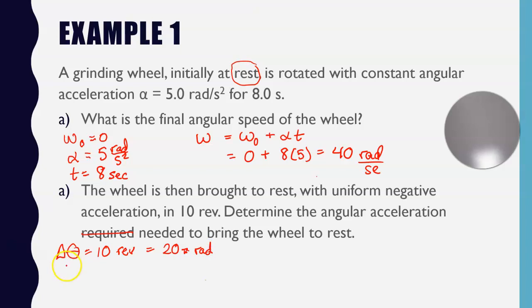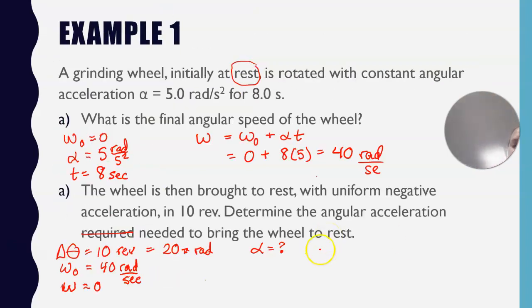And the initial angular velocity is now the 40 radians per second that we found before. And it's going to stop. And we're looking for the angular acceleration. So this looks like one where we'll use that third equation, which doesn't have time in it.